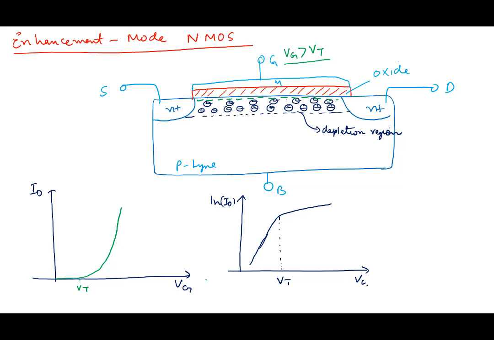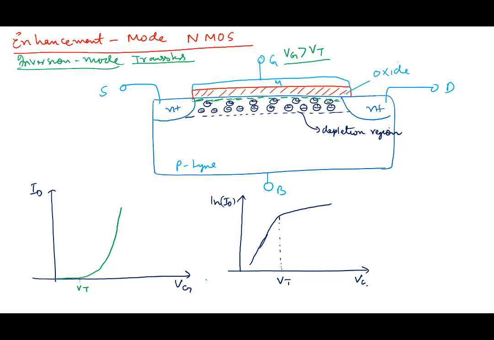So you see a depletion region and a channel here, and another name that we give it is inversion mode transistors. These are inversion mode transistors. Why? Because we've created an inversion layer at the surface.